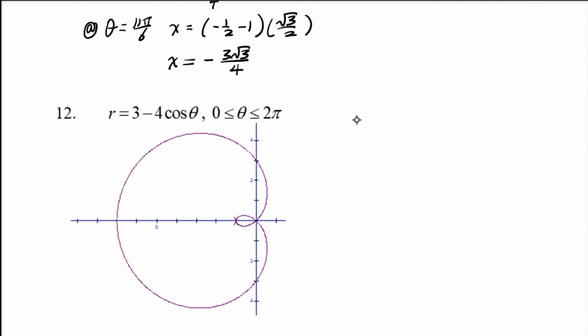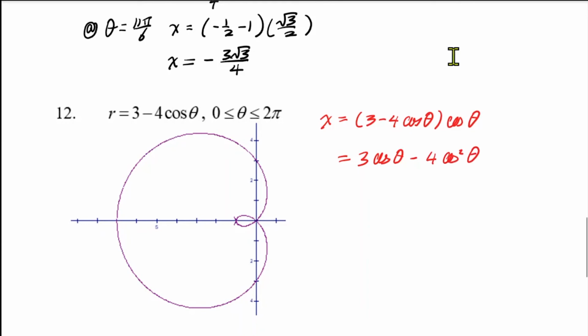So we go back. x is equal to r, this is our r, 3 minus 4 cosine theta times cosine theta. That distributes, so we have 3 cosine theta minus 4 cosine squared theta.